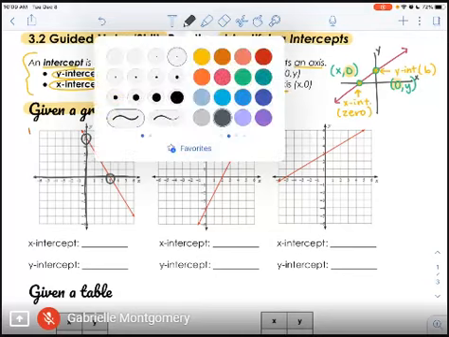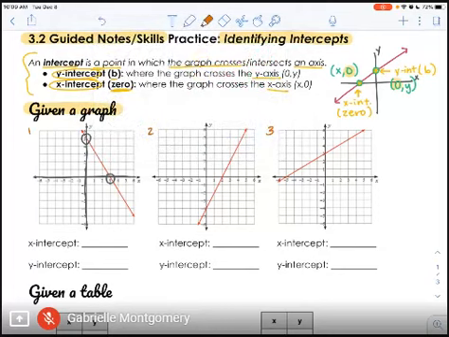To identify our x-intercept: the x-intercept is where the graph crosses the x-axis. Where does this graph cross the x-axis? Okay, 3 is the x value, so (3, 0) would be the point. Very good. Our x-intercept is (3, 0).